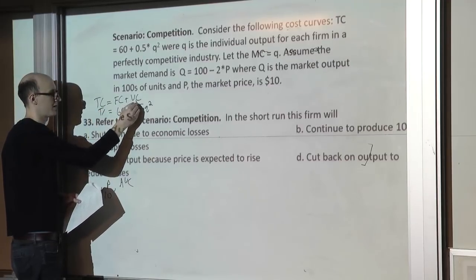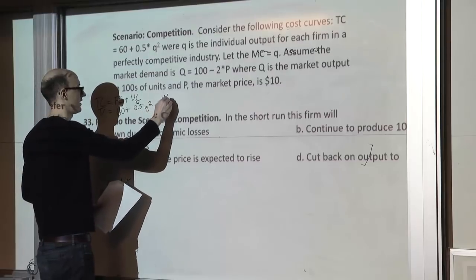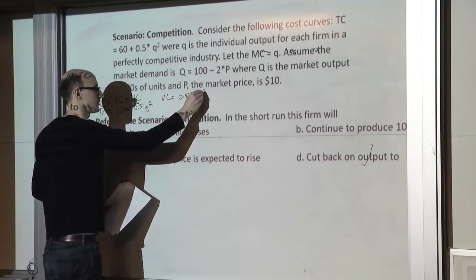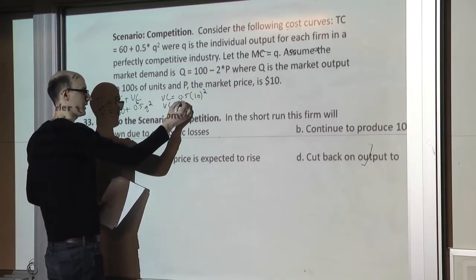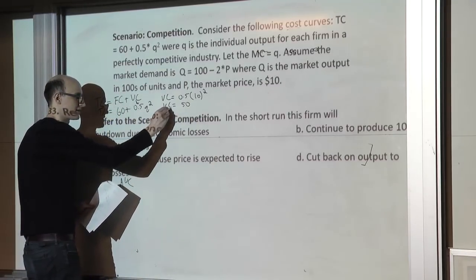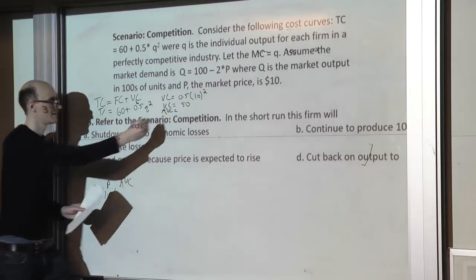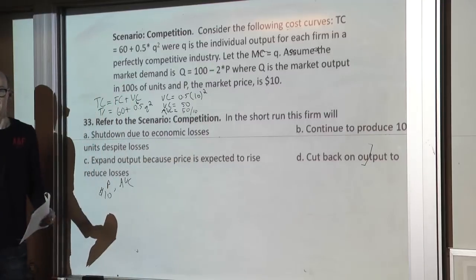So variable cost is this part of the function, okay? Variable cost equals 0.5 times 10 squared, so variable cost equals 50. Average variable cost equals 50 divided by the quantity produced in the market, which is 10.